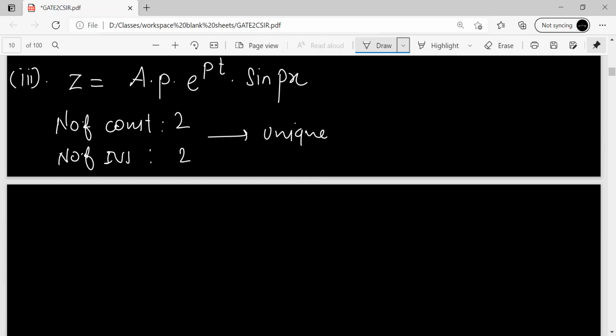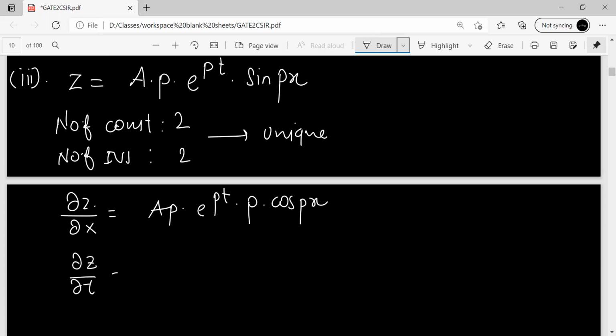So let's differentiate first with respect to x. I'll be getting A, p, e power pt, and then it will be p times cos px. Then differentiate with respect to t first and see if I get something. So A, p, and e power pt, and then again p, and the sine px.